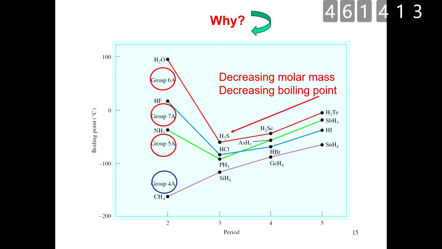Because from here to here, they have more electrons and are larger, so they have higher dispersion forces. So the dispersion forces of this one are higher than this one, higher than this one, so their boiling point increases, right?